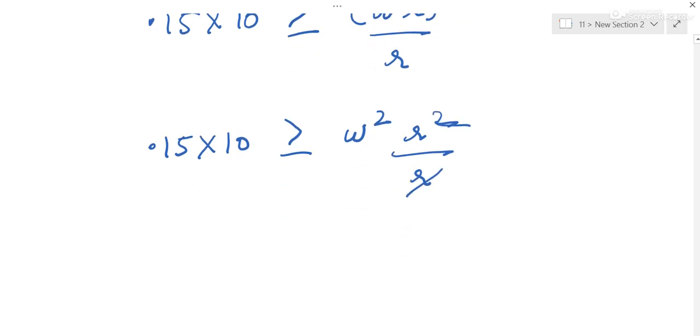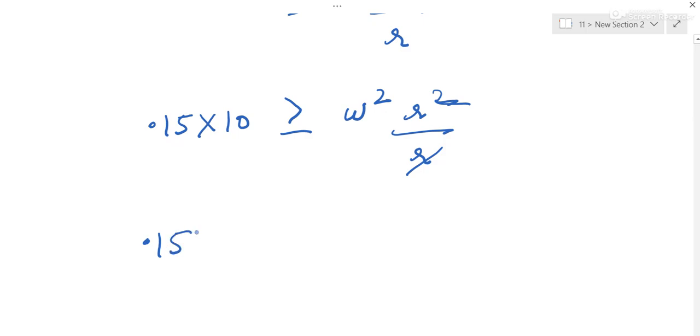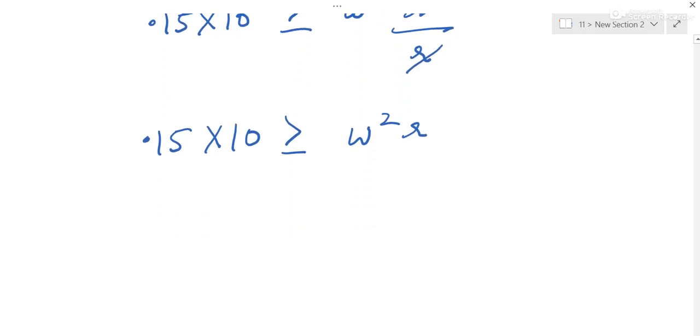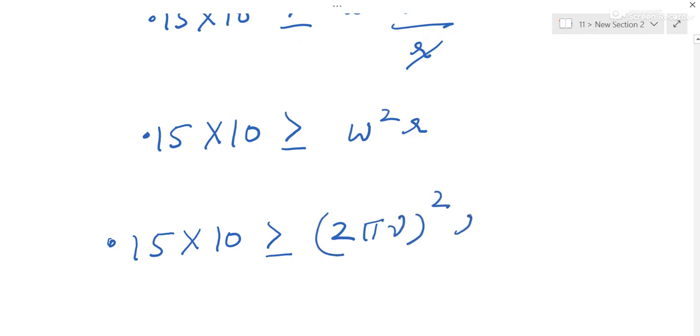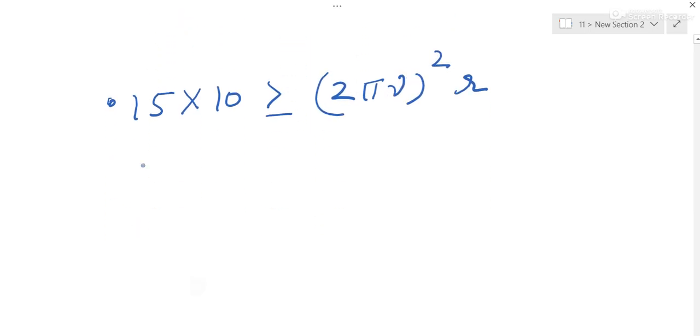One r cancelled. So it is 0.15 into 10 greater than or equal to omega square r. Now what is the formula of omega? Omega is 2 pi nu, squared, into r.